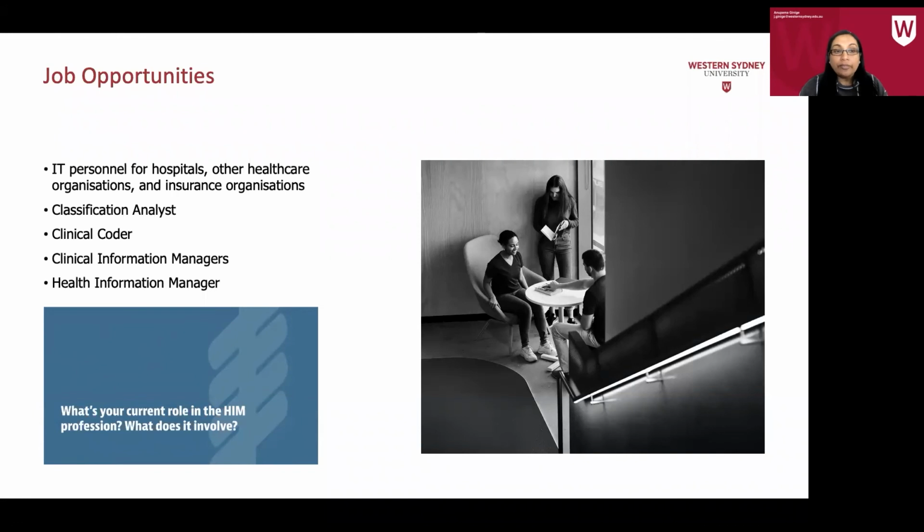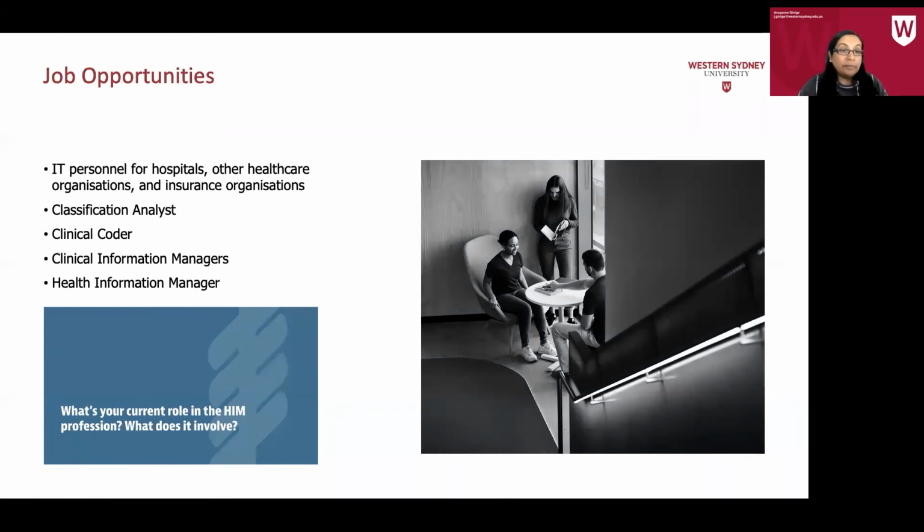And when you learn this international standard, one other good thing is you actually get qualified to work globally as well. It doesn't mean that you have to work in an Australian hospital. These international coding standards are used in other countries, Canada, UK. If you ever decide to move to another country and start working there, you are very well equipped to do that as well.